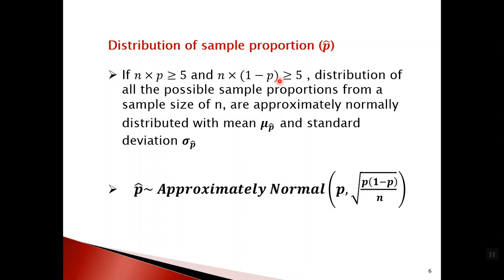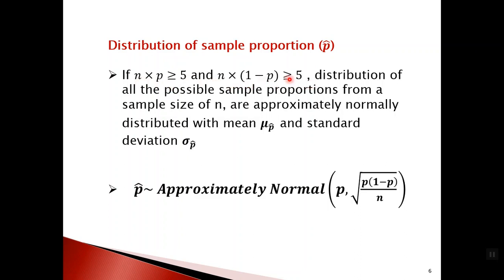Before you go into your problem, you have to check this. If your problem violates this condition, then you cannot use this sample proportion technique. So in the first place you should check this.